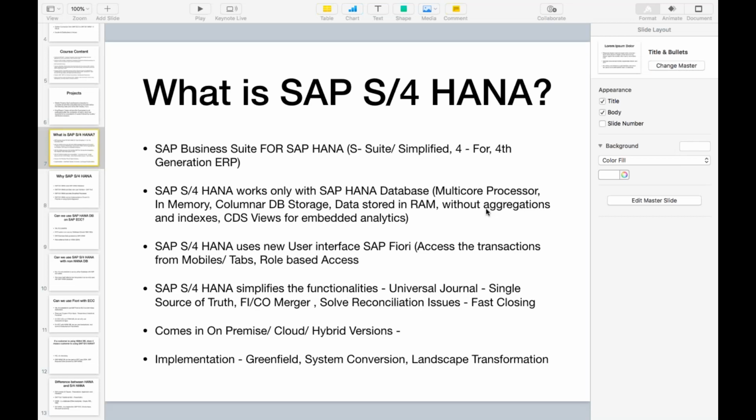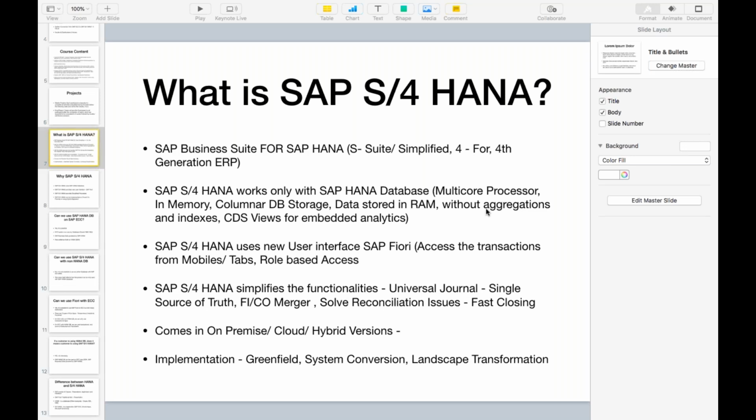So what we discussed yesterday was we understood the basics of SAP S/4HANA, right? What exactly is SAP S/4HANA? What are the different deployment options? Like you have the option of on-premise, you have the option of cloud, and then very importantly, what are the three key enablers?